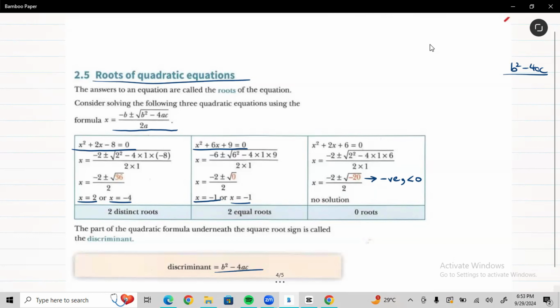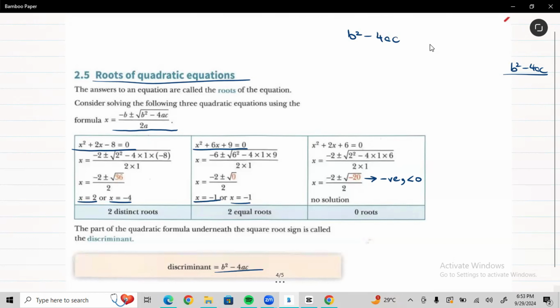So there are some basic rules while using the discriminant, which allow us to find if we have two different answers for x, or one answer for x, or no solutions for x. How can we find this out? We can find this out by using the discriminant, which is b squared minus 4ac. And there are some rules behind this discriminant.